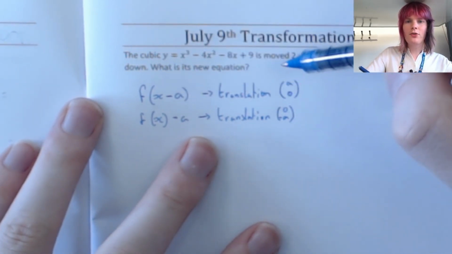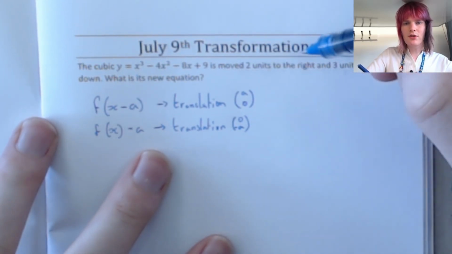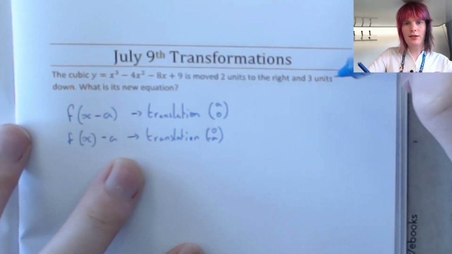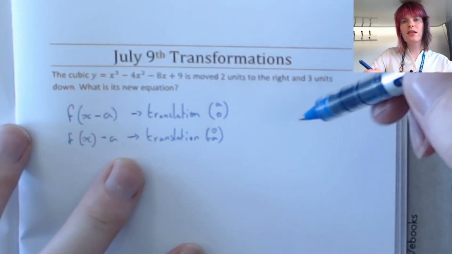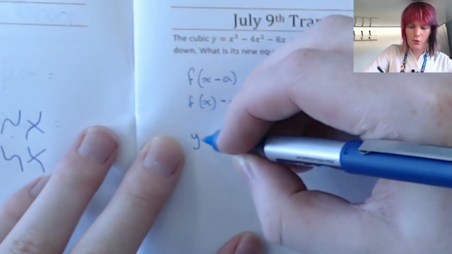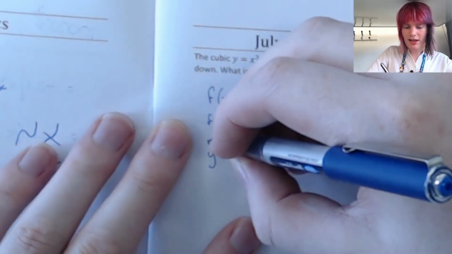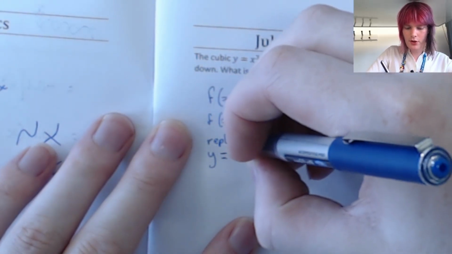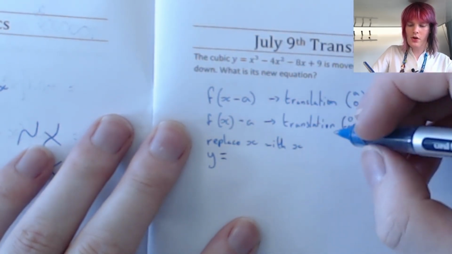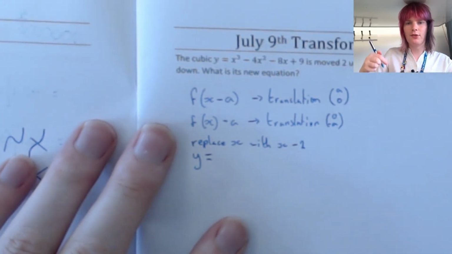So we can encode this. We want a transformation where we move 2 units to the right. So this letter should be 2. And this one, we want to move 3 units down. So we're going to take our curve, y, and we're going to replace all our x's with x subtract 2. So that will move our 2 units.